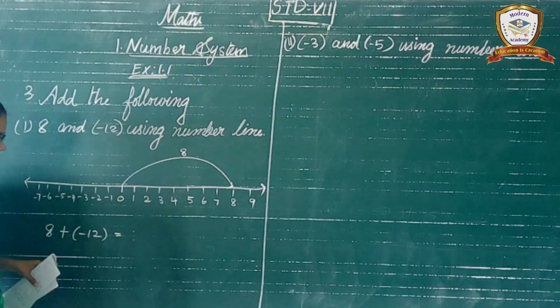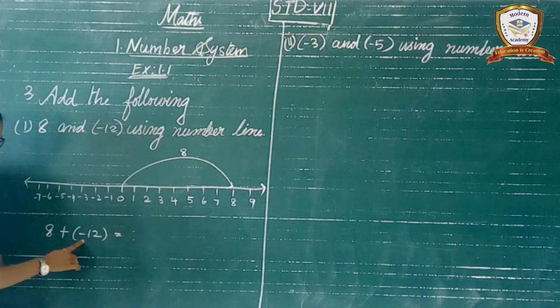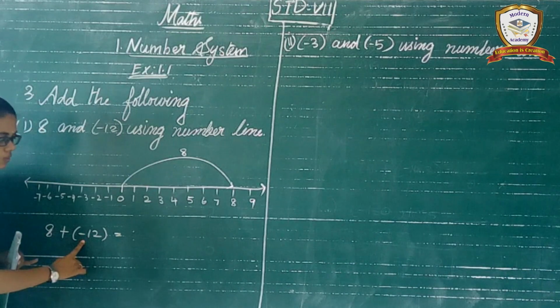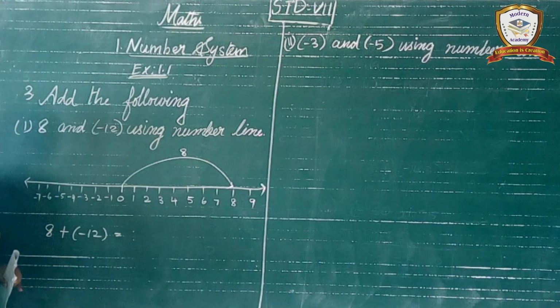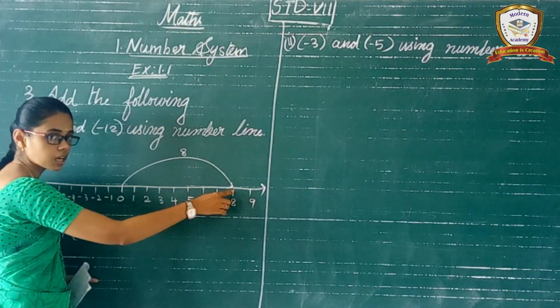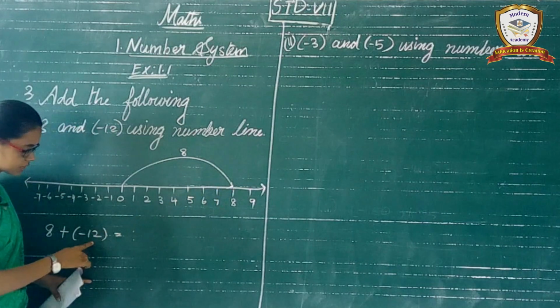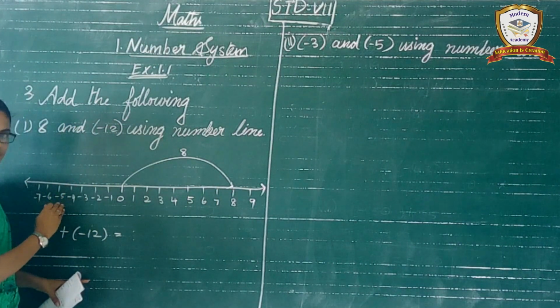Clear? And next from 8, see, minus 12. Minus 12 means move towards the left side. Here start from 8. We count how many units? 12 units moving towards the left side.